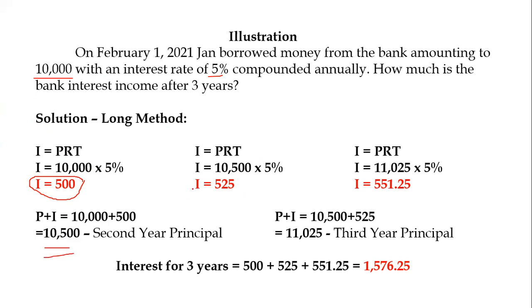That is the new principal amount for the second year of the loan. That's why, for the second year, what we are going to do is 10,500 times 5%, that is 525. So second year, ang naging interest na ay 525 plus 500 nung first year, that is 1,025.